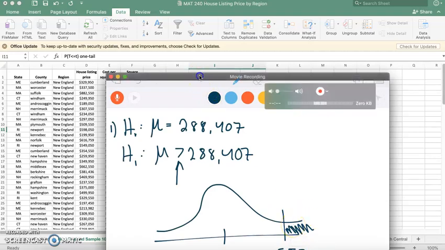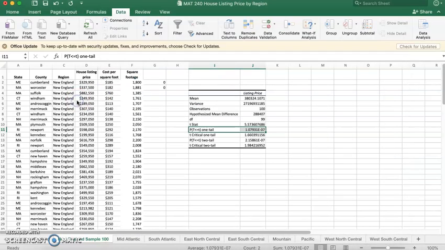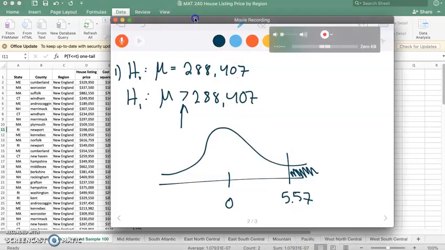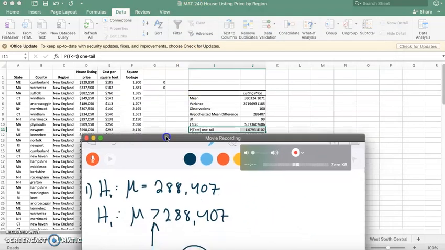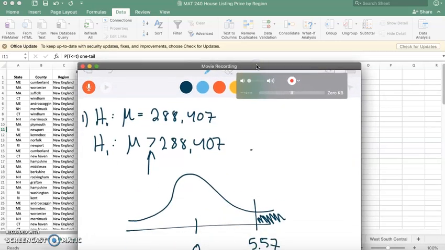So this makes sense, right? We see a positive 5.56 and we see this over here. Another thing to remember: here we've got a p-value that is very, very small. See that e to the negative 7? That means times 10 to the negative 7. So this thing is basically 0.0000. We're just going to put that for now.